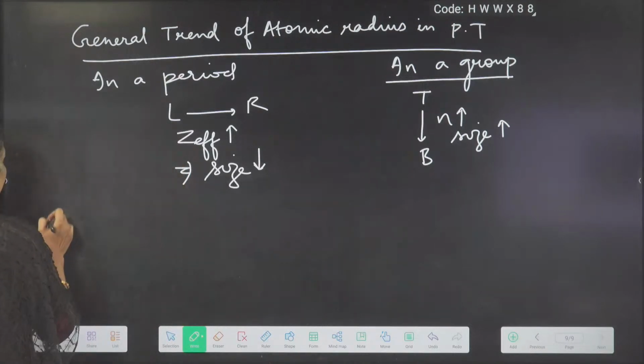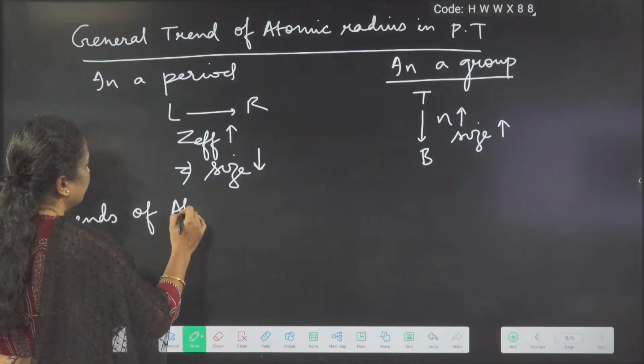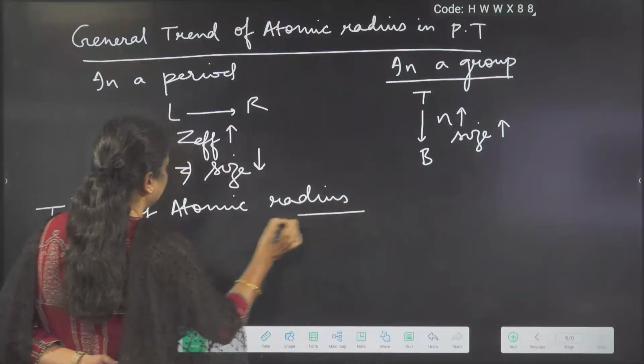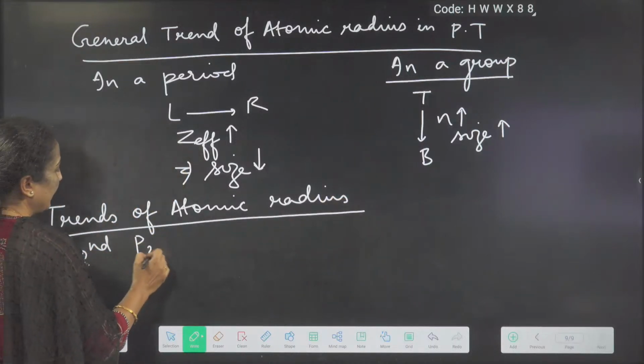Okay. Now let us go for specific trends here. Trends of atomic radius now. First one we are going to see in case of second period elements.